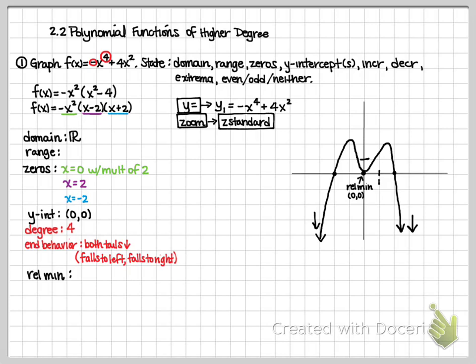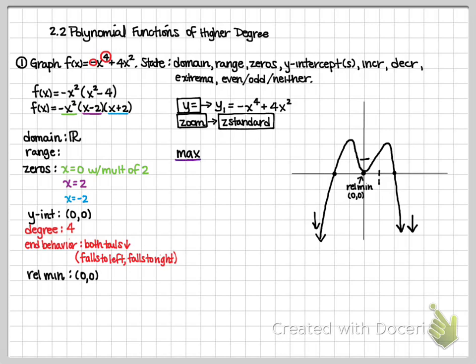Because there's no other point on there that represents like a dip in the graph or a valley in the graph. Now, for my max, I'm going to grab my calculator. So, to calculate my max, here's what I'm going to do. Here are my keystrokes. And I think I'm going to do this one like a darker purple.